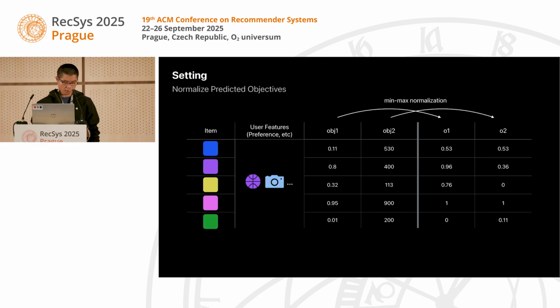To build our framework, we first need to establish a common ground for all the objectives, because the raw objective values can be in very different scales. To make them comparable, we can apply min-max normalization to transform the objective values into a unified 0 to 1 scale.